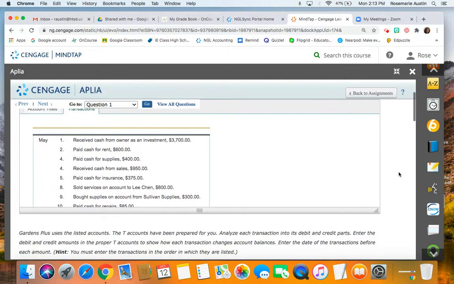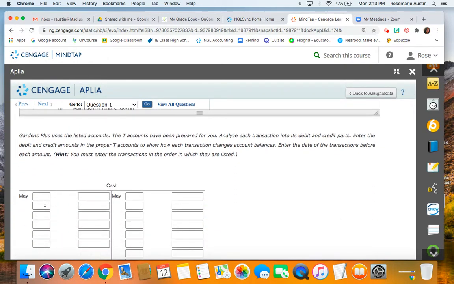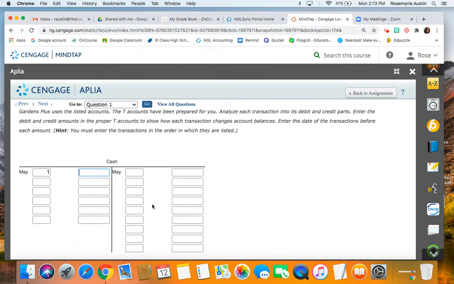I know I did some of this in class, so I'll go quickly through the first part here. All right, so May 1st, received cash from the owner as an investment. Our two accounts being affected there are cash and the owner's capital account, since this is an investment, and it's $3,700. So if you're receiving cash, cash is going to go up with a debit entry. So that's May 1st, $3,700, your debit part of the transaction.